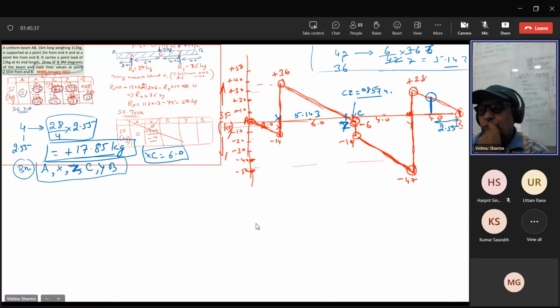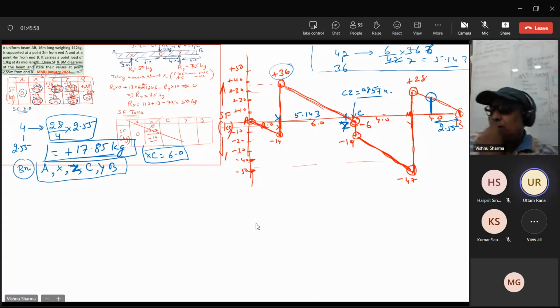The total change is 36 plus 6, 42. And over how much length? That will be 6 meters. So over 6 meters, it's 42 units. We want to know over how many meters will be 36 units, because if it changes 36 units, it will come to 0. Yes or no?